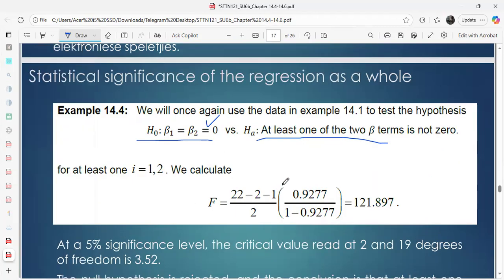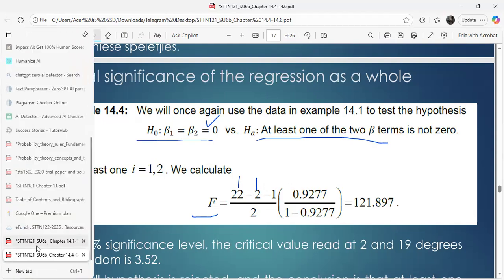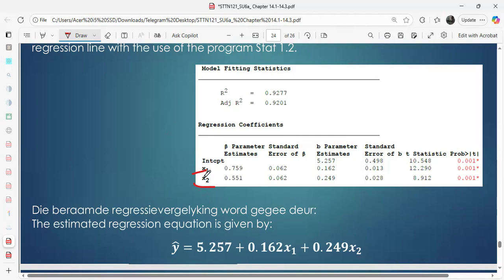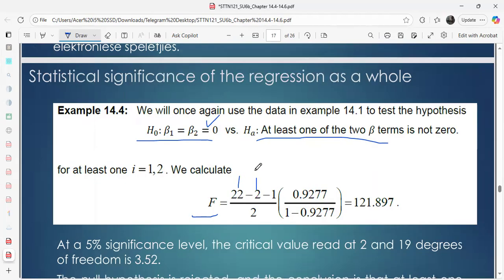Then for the test statistic, the one we're using is the value of F. Remember we said that n is 22, k is 2. The reason they got 2 is because the number of the variables is x1 and x2, which is 2. If we had x1, x2, and x3, k would be equal to 3.